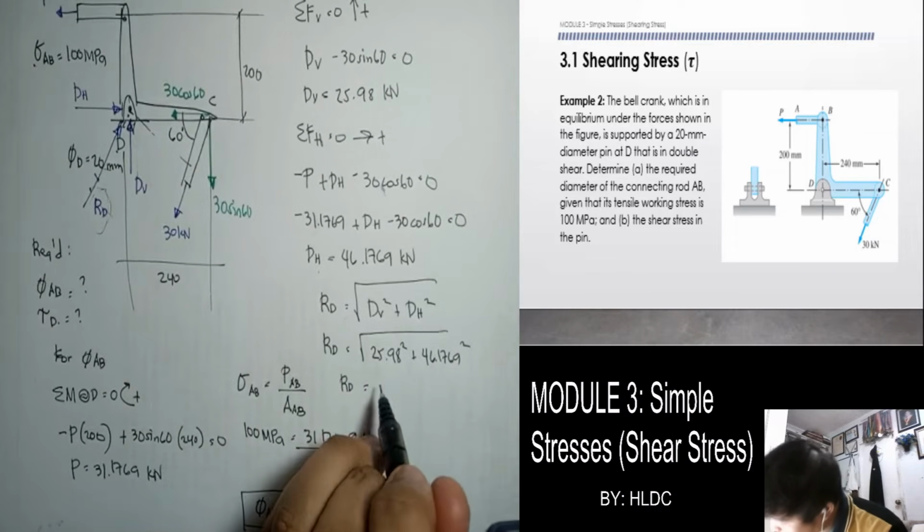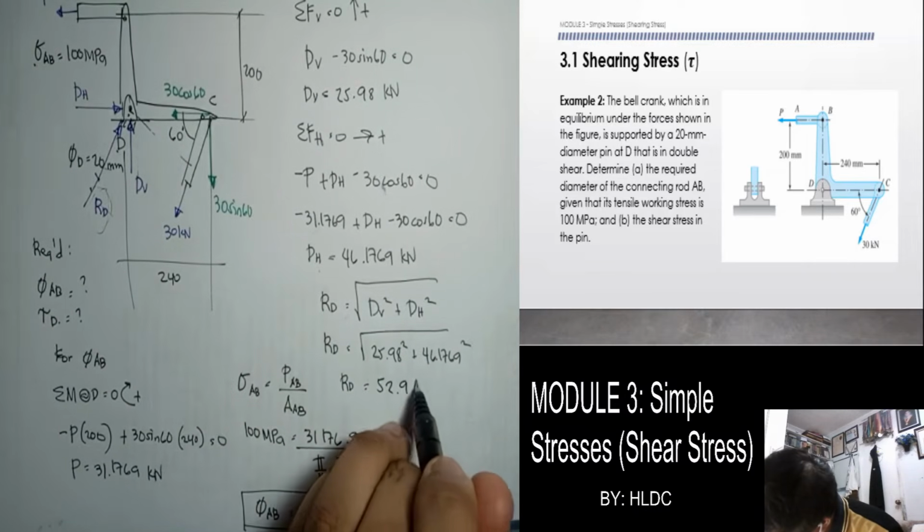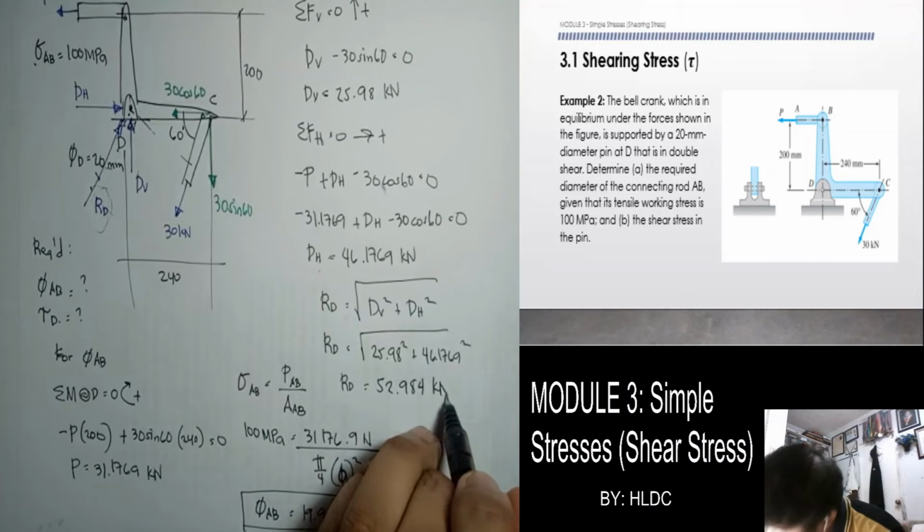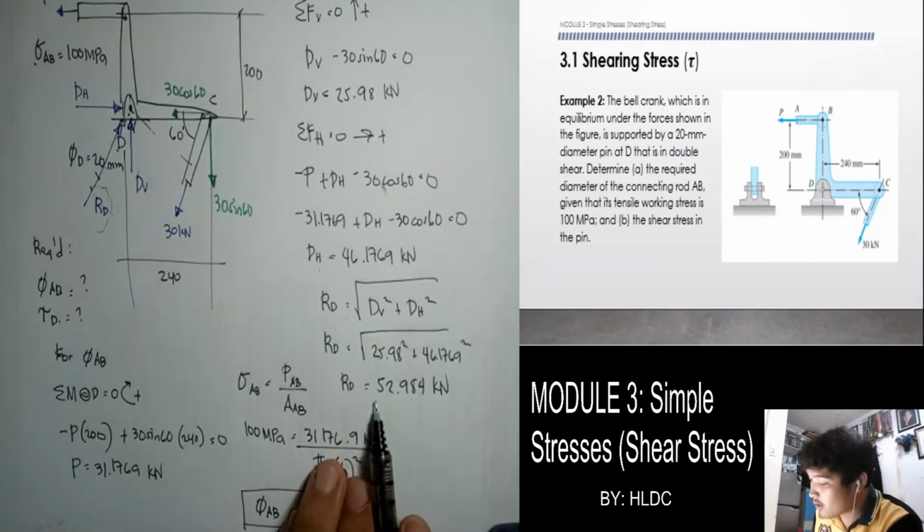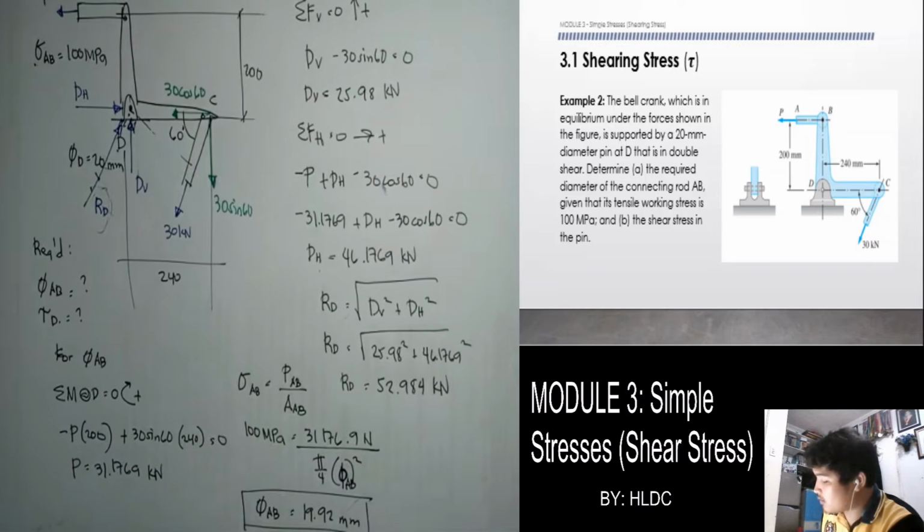So ito is 52.984 kilonewtons. Okay, so meron na akong resultant or reaction at D.